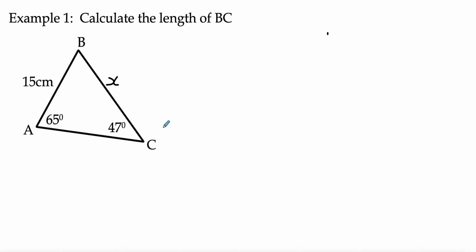Okay. So how do we actually use it in practice? Well, let's have a look at an example. Example 1, calculate the length of the line BC. BC is here. I put an X here just to represent the side that we don't know.